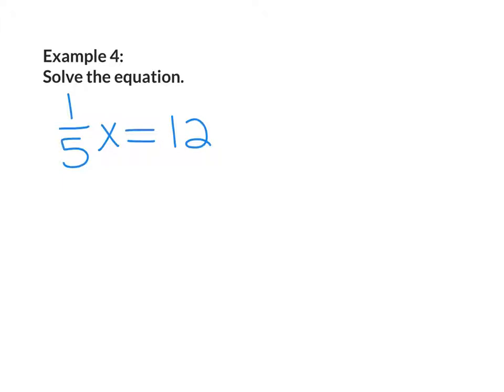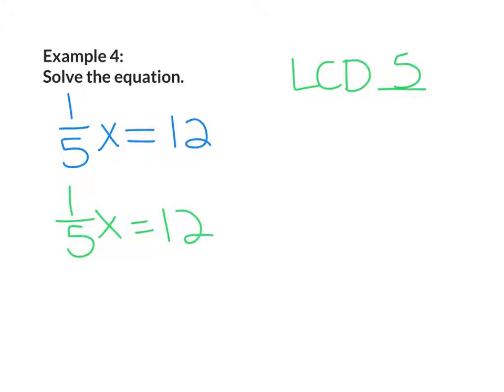Example 4. Solve the equation 1 over 5x equals 12. Since I only have one fraction, I'm going to multiply the whole equation by the denominator of 5. So my LCD is going to be 5. I'm going to rewrite my equation. 1 over 5x equals 12. I'm going to go ahead and multiply by 5 and distribute with the first term and the second term.